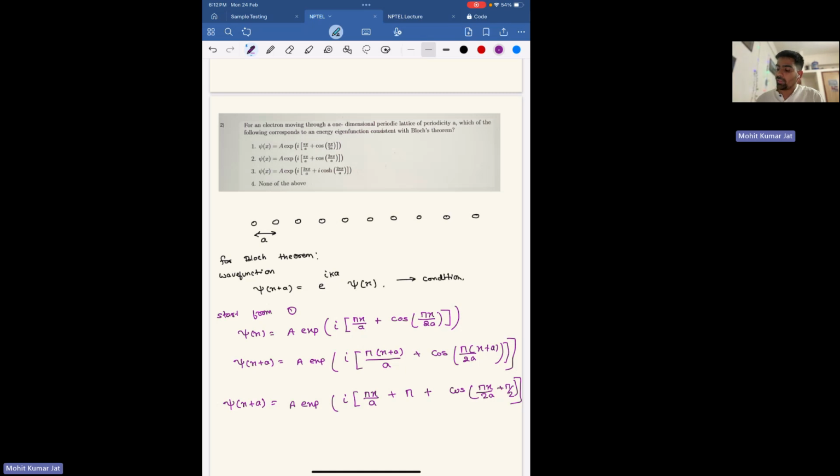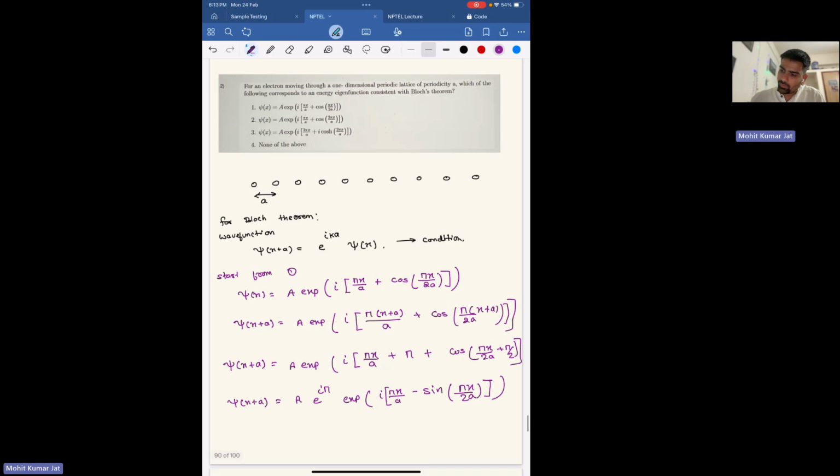So cos of 90 plus theta will be minus sine theta, right? So it will be A times the exponential of, let me take i pi outside, i pi, then exponential of i pi x by a minus sine of pi x by 2a.